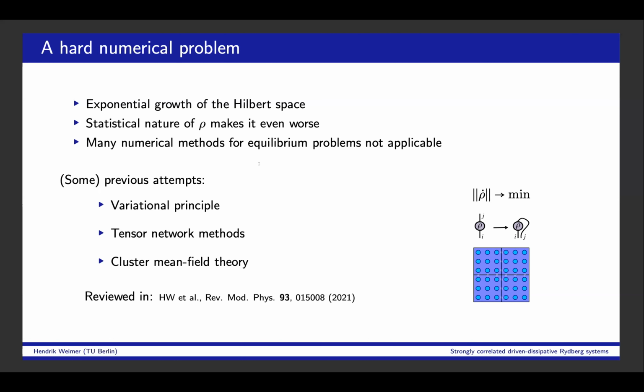One is based on a variational principle. This I will focus a bit more on. There are also other works involving, for instance, tensor network methods, which is something we have already heard quite a bit about in this workshop in other contexts. And something that people have also done is using cluster mean field theory.